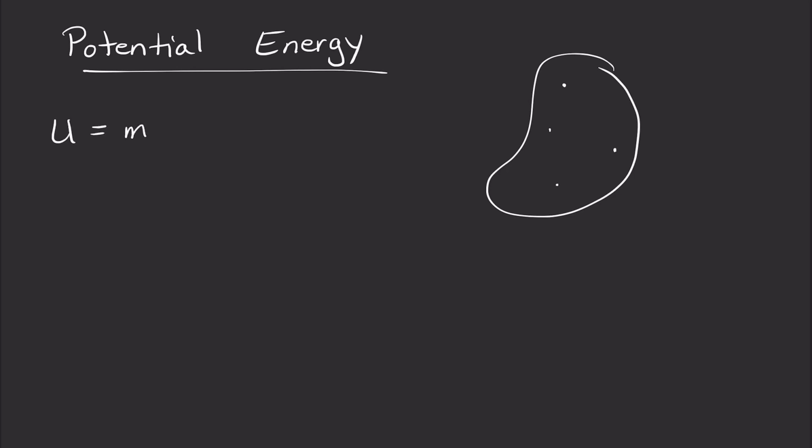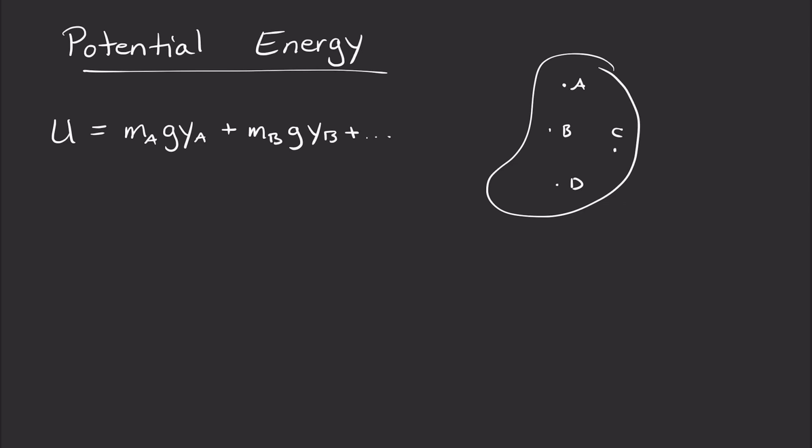So particle A would have mass a times gravity times its height, ya, that would be its potential energy, plus the potential energy of particle B would be mb times g times its height, and so on.